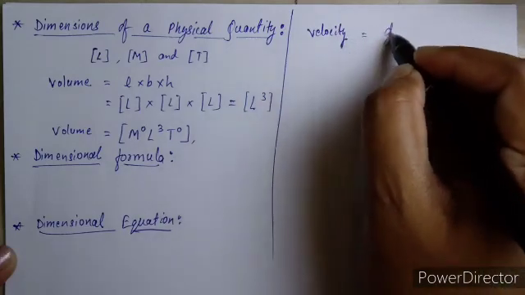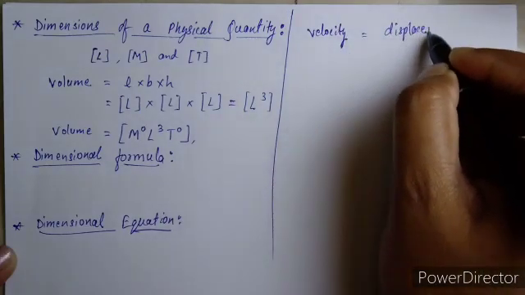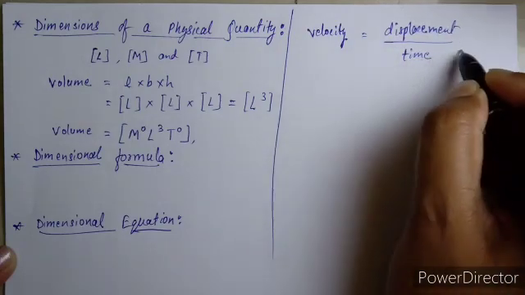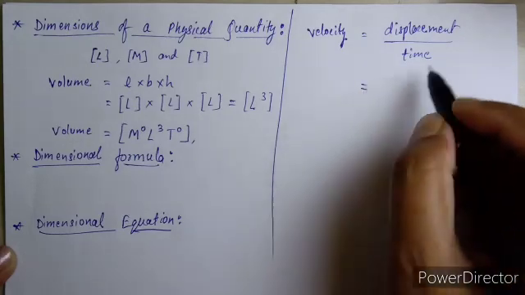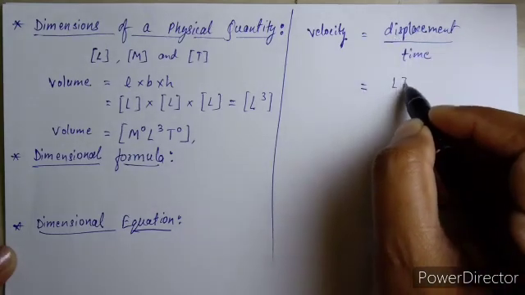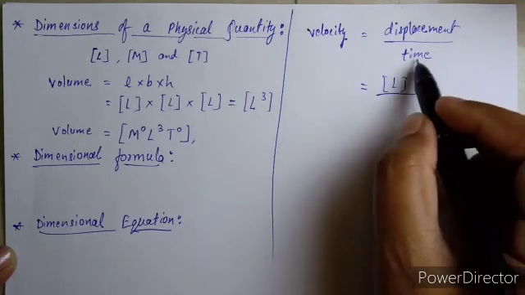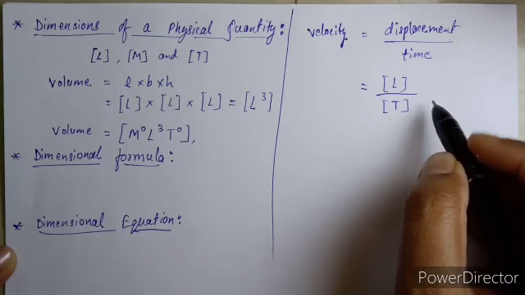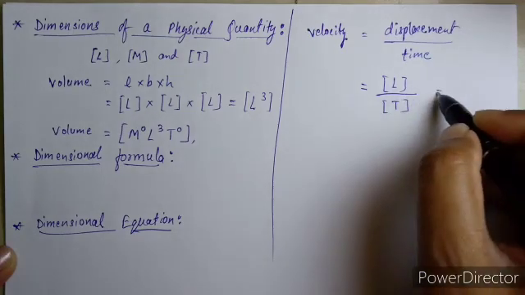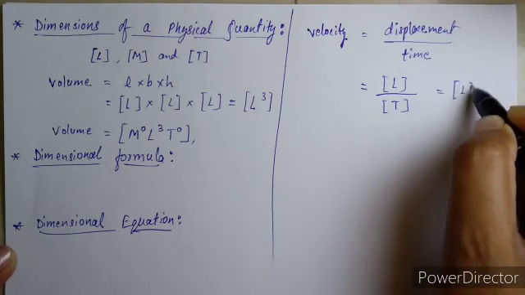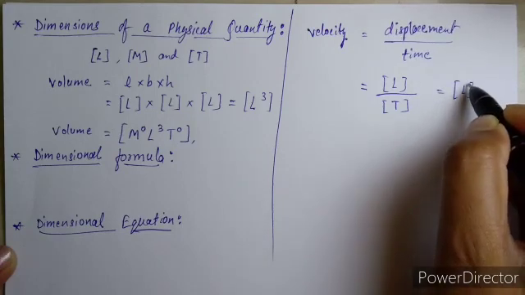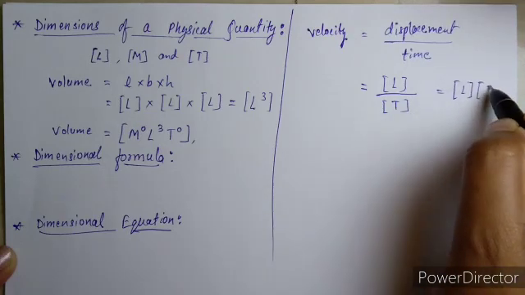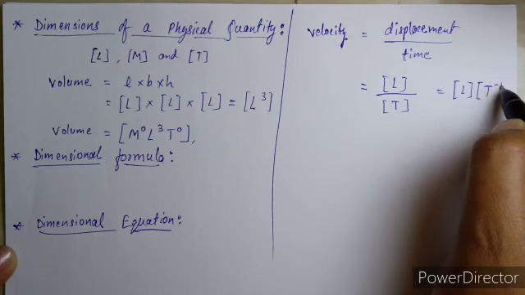Velocity is given by displacement upon time. So displacement means L, and for time we will take T. From a simple exponential law we get L, which has a power of 1, and T, which has a power of -1.